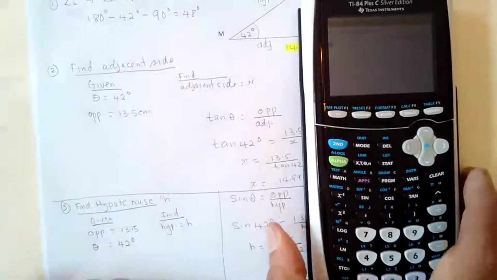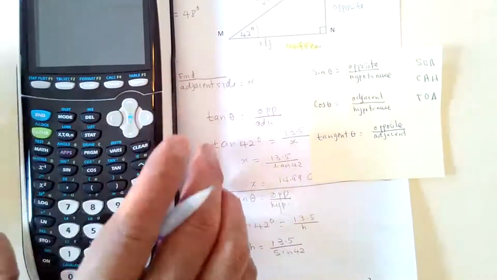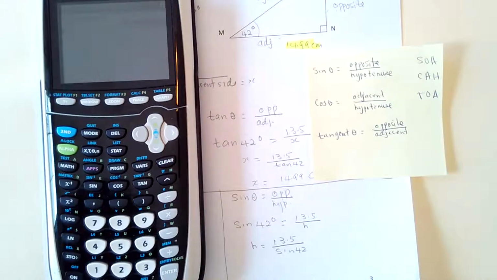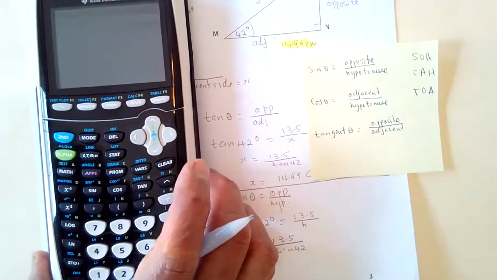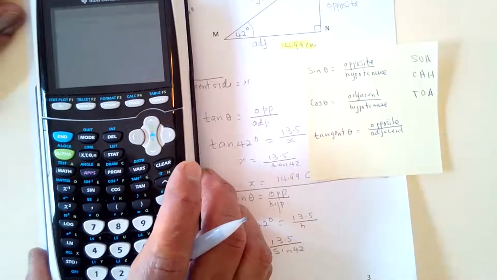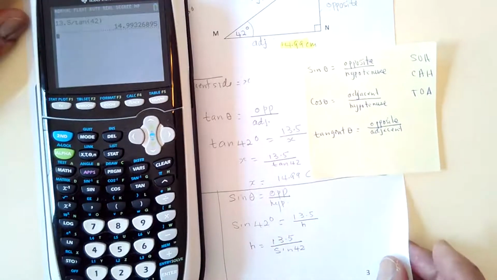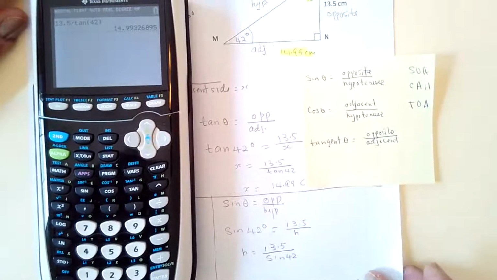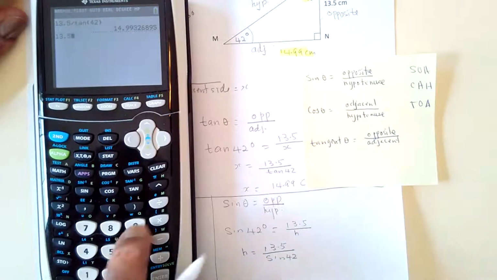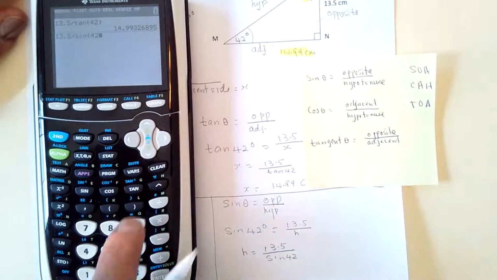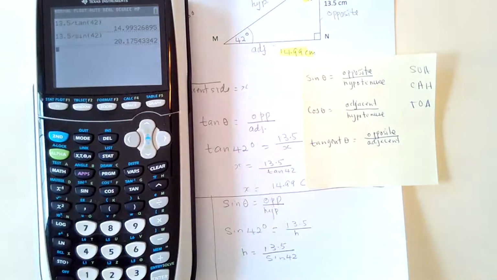So I'll go to my calculator. So 13.5 divided by sine 42 gives me a measurement of 20.17.